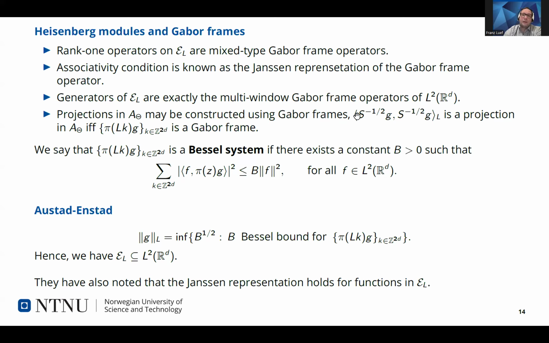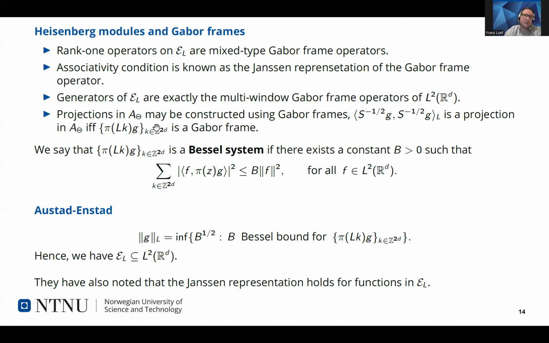And one can show that constructing projections in A_theta is exactly the same as constructing these Gabor frames, because you can take these inverse square roots, and then you get this way of constructing projections. There's also one thing that has been noticed.